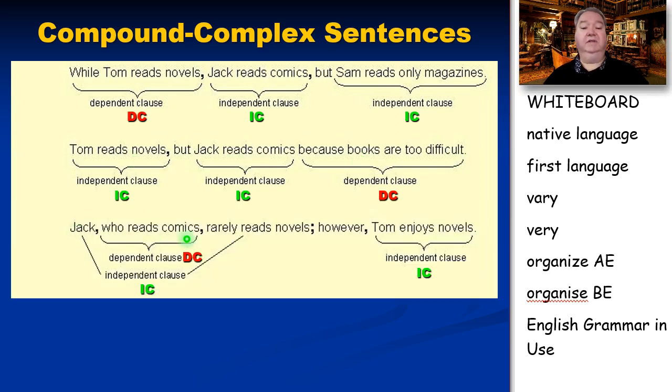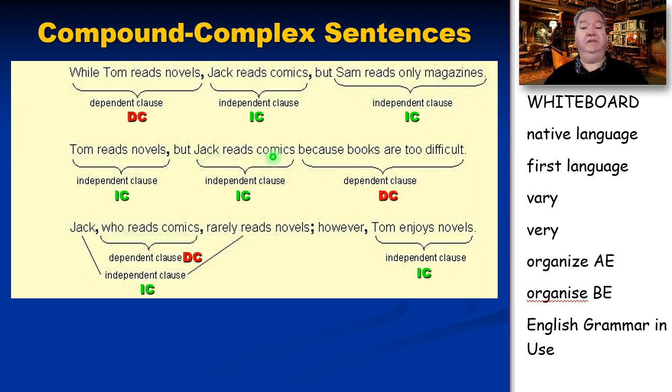Jack, who reads comics, rarely reads novels. However, Tom enjoys novels. So Jack rarely reads novels. That's our independent clause. Jack rarely reads novels. This phrase in the middle here, who reads comics, that's not a question. It's not a question of who reads comics, but it's giving us information about Jack.